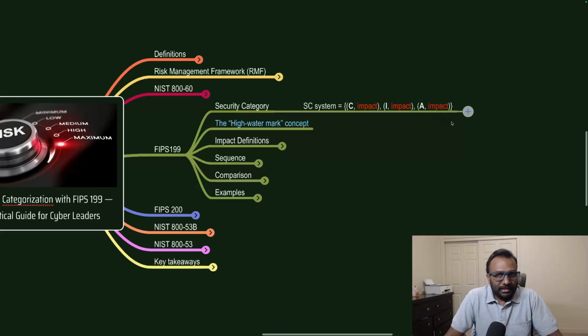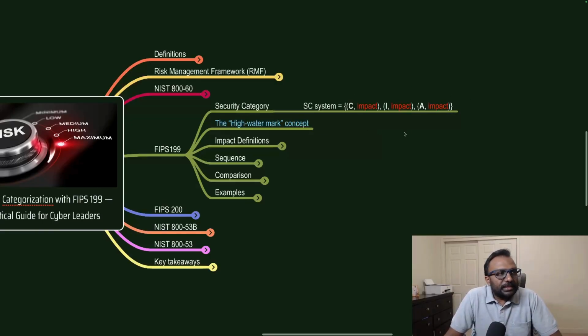Availability can be low to moderate, because if the HRMS is not available at certain times, it is not that critical, but a breach of the data by an unauthorized person has a very high impact. So here the confidentiality is high, integrity is moderate, availability is low to moderate.